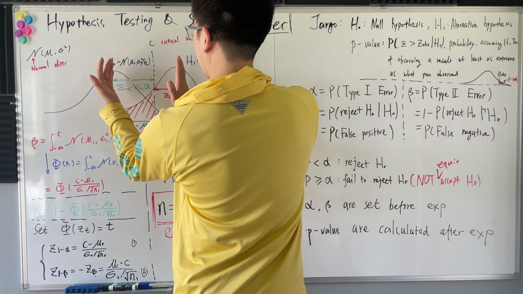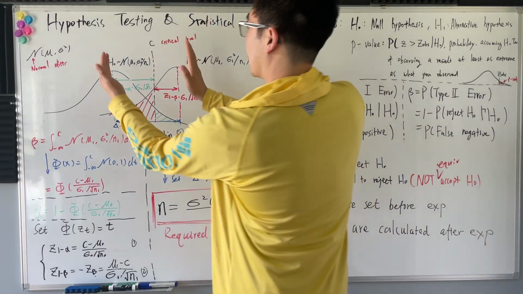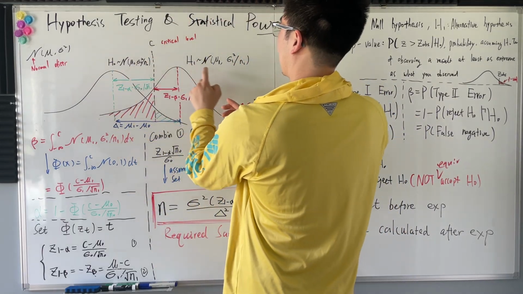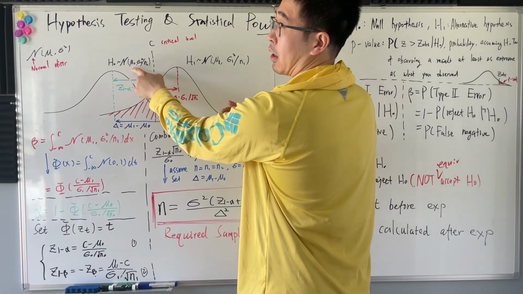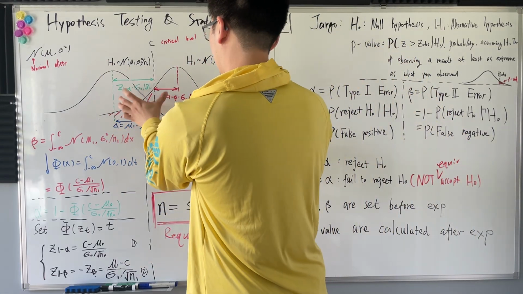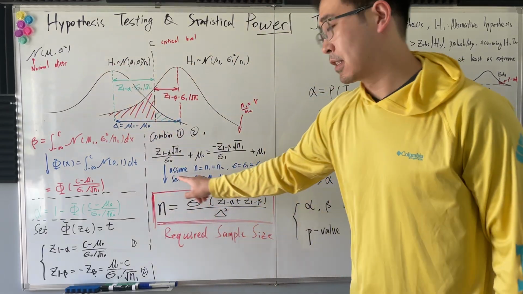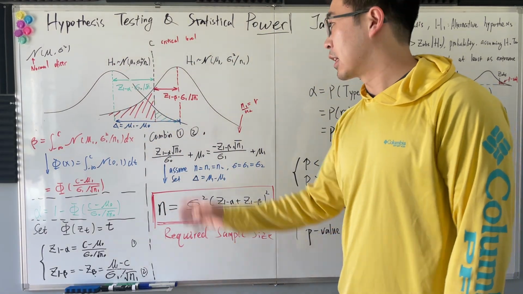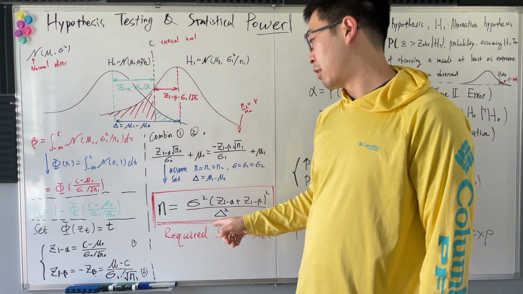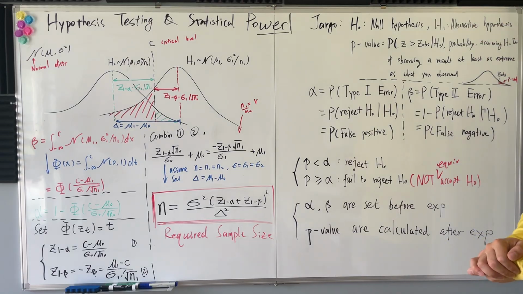The distance between the two means, mu1 minus mu naught, equals this plus this, which is exactly this equation. You can use this graph to arrive at the equation instead of the derivation, and you will reach the same conclusion.